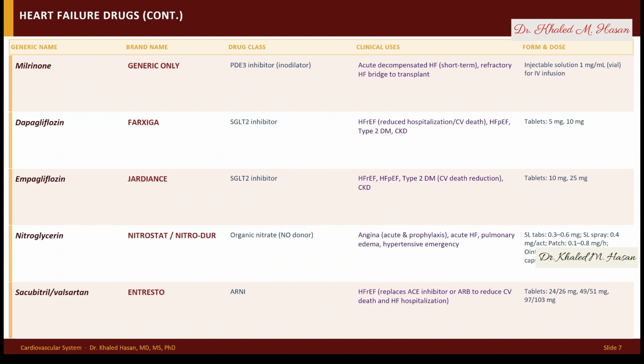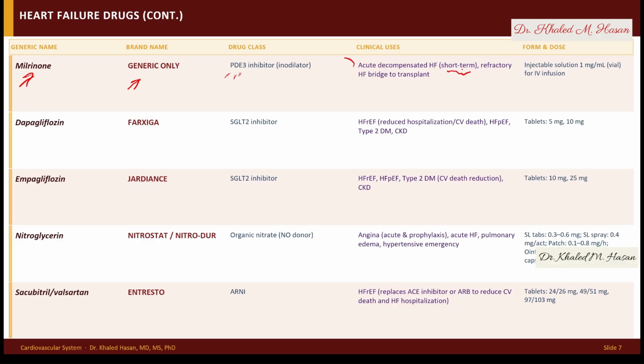We are still talking about heart failure. As you can see, we have milrinone available as generic only. We don't have a brand name. It is a PDE inhibitor, standing for phosphodiesterase 3 inhibitor. We have several types of phosphodiesterase. Milrinone is used for short-term acute decompensated heart failure.